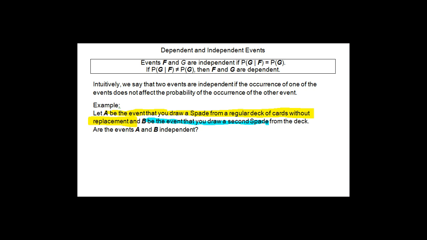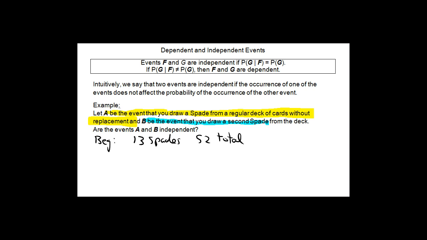Now, are these events independent? Well, in the beginning you have 13 spades and 52 total cards.